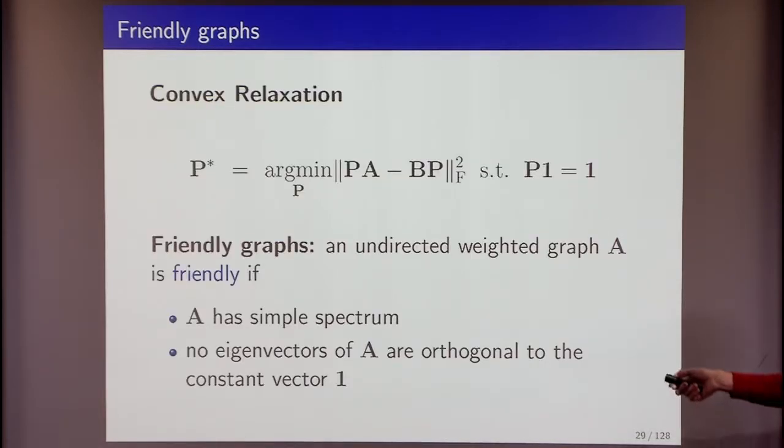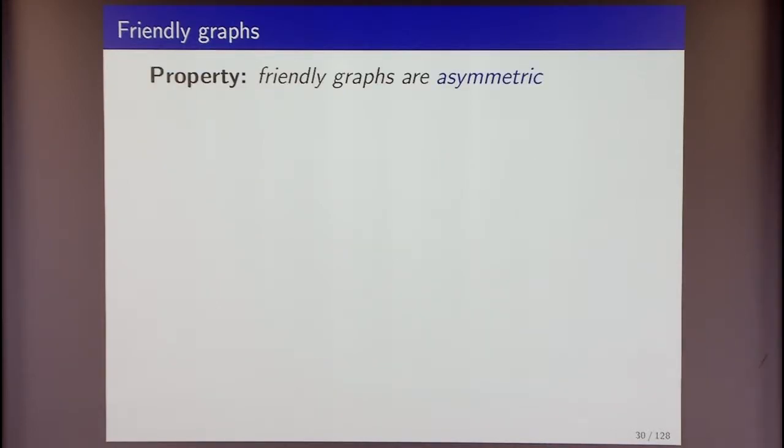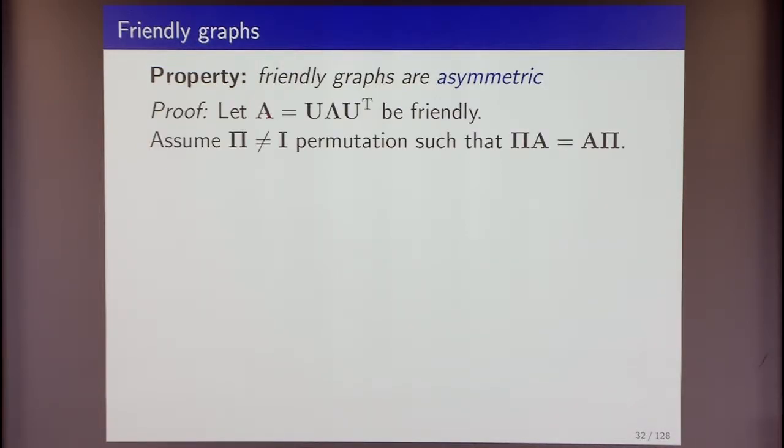So first of all, this friendliness property actually has an almost trivial connection to symmetry. It is very easy to show that friendly graphs are asymmetric, meaning that they have a trivial automorphism group. So if I assume that my adjacency matrix admits this unitary eigendecomposition, and let's say pi is some non-trivial symmetry of this graph, so pi A equals A pi, then for every i, A u_i equals lambda_i u_i, these are eigenvectors and corresponding eigenvalues.